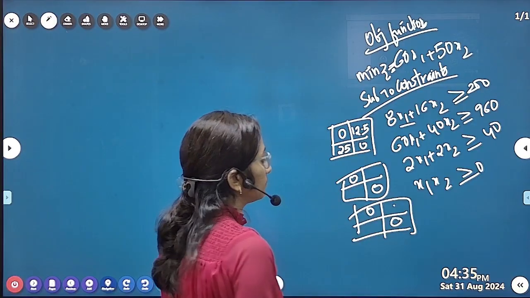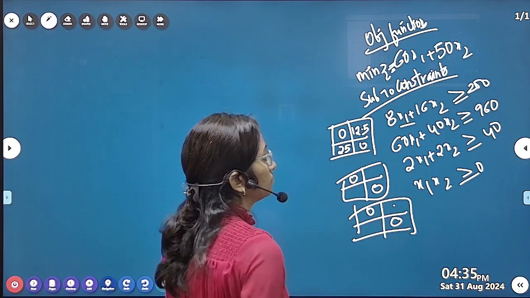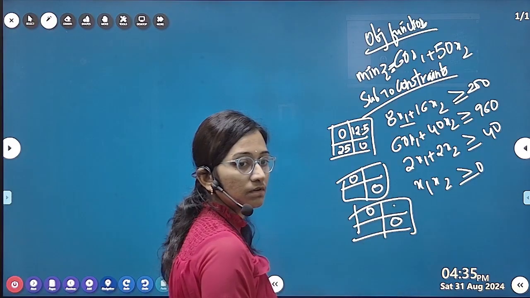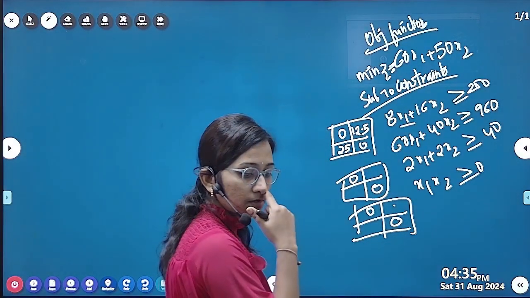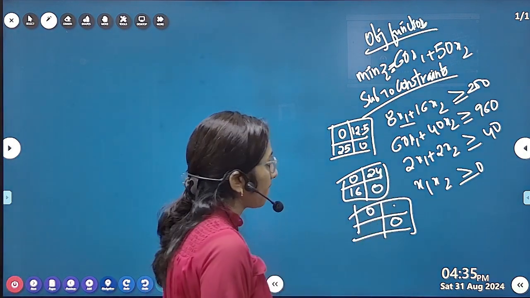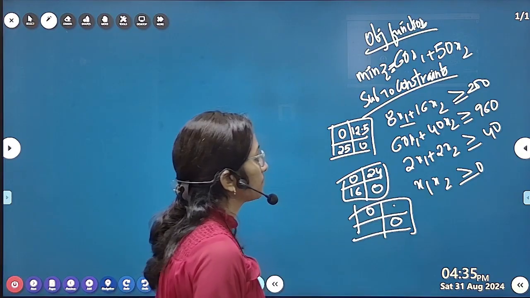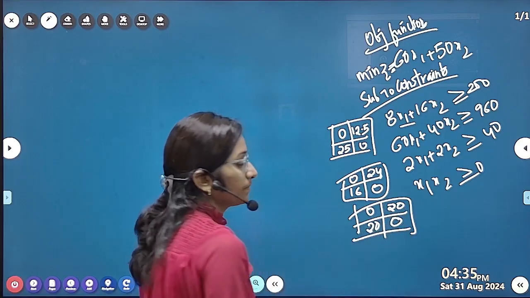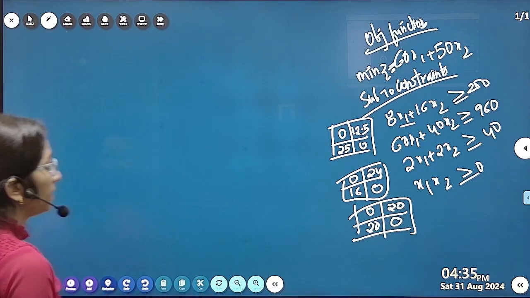Next. This one is 24. This is 16. Next. This is 20. This one is also 20, right? Okay.